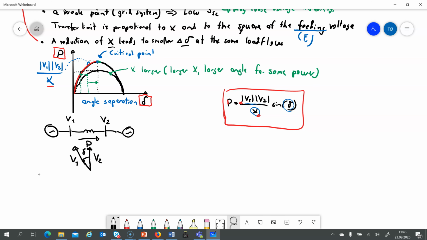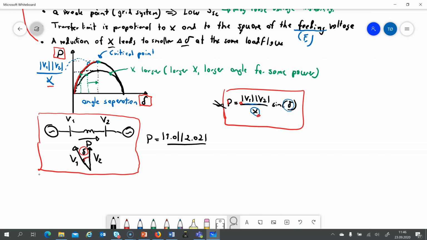Let's have a numerical value for this, but first let's look at this small feature here. Typically you can say that the flow of power is going from bus 1 to bus 2, as V1 is leading V2 with the angle difference here. In general, you can say that. But let's take the equation above here and put in some numbers. If we have the same voltage levels, and the reactance 1.7, everything in per unit, and sine of 37.7 degrees, it gives a 0.2 per unit value.